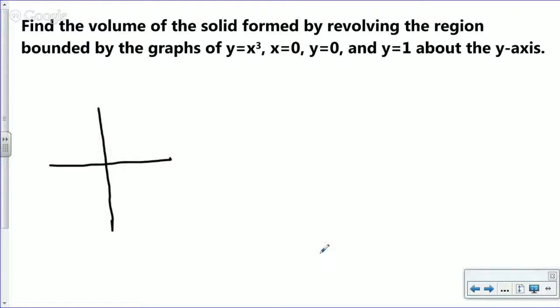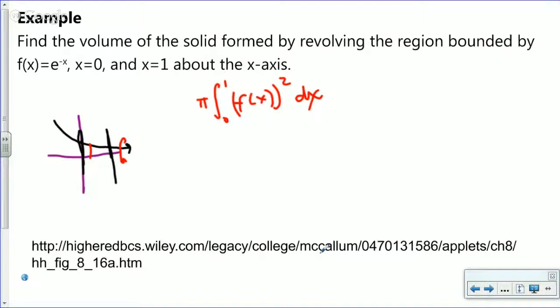Okay. By the way, notice in my previous example, let's go back for just a sec. I didn't really worry about what that final picture looked like. It really doesn't matter if you can see the final shape or not. Can you picture this being revolved about the x-axis?